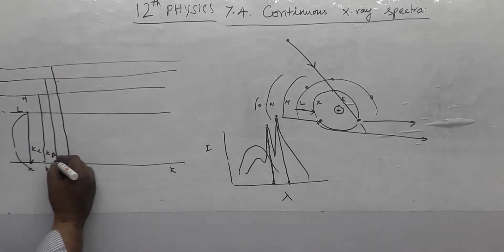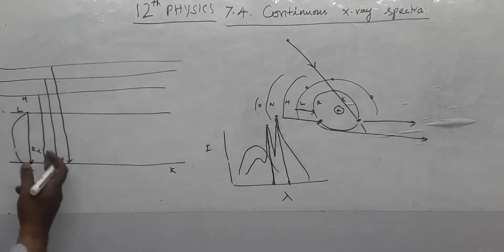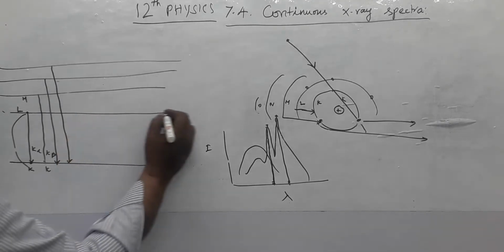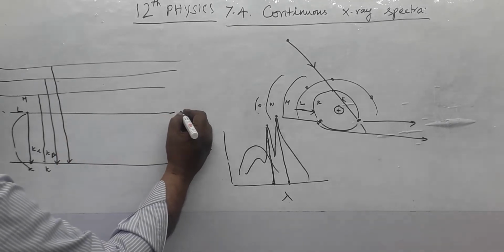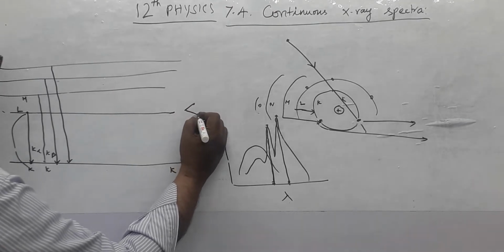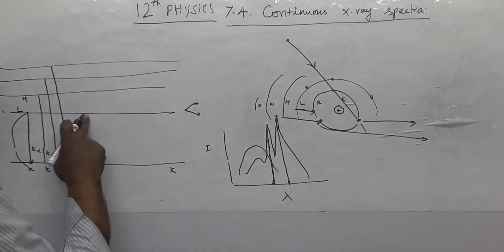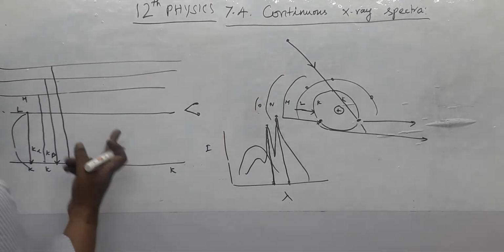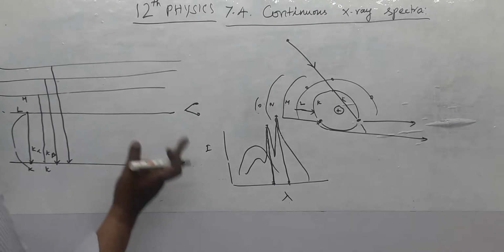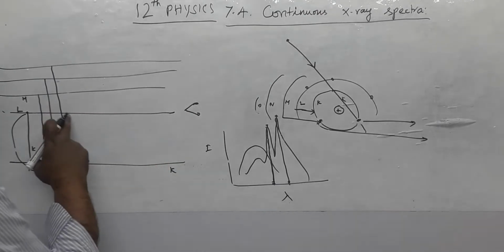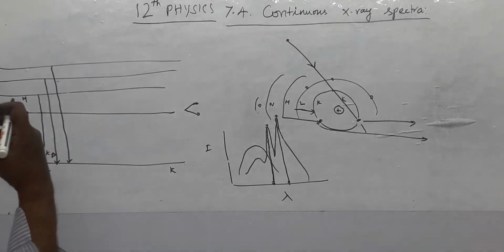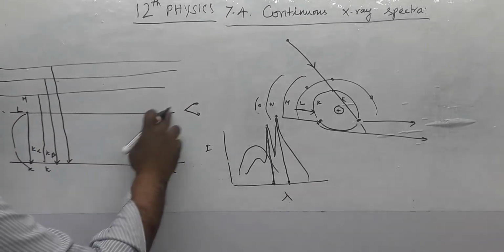Likewise, it is possible to get all the jumps from higher levels to the lower level: K alpha, K beta, K gamma, K delta. Likewise, if electrons in the L orbit are knocked out, there is a vacuum in the L orbit. By electrons hitting the nucleus, the electrons in the L orbit are knocked out to the outer side.